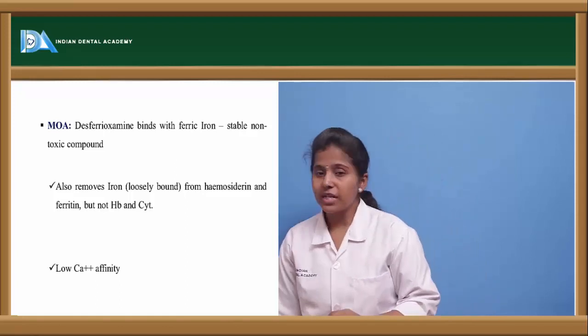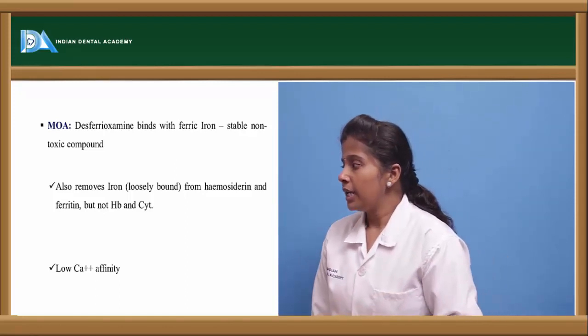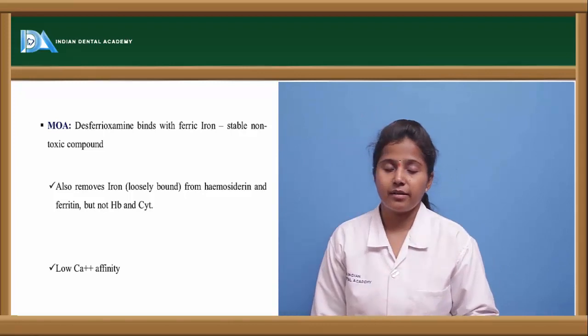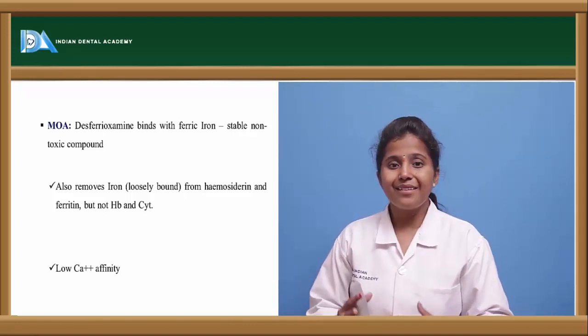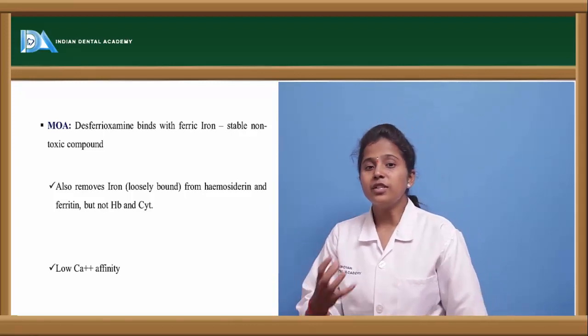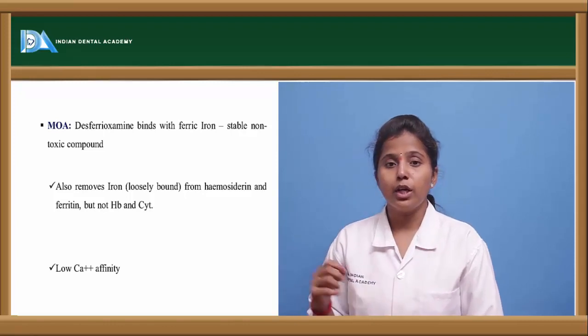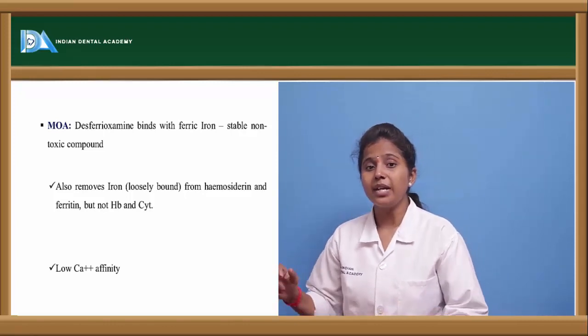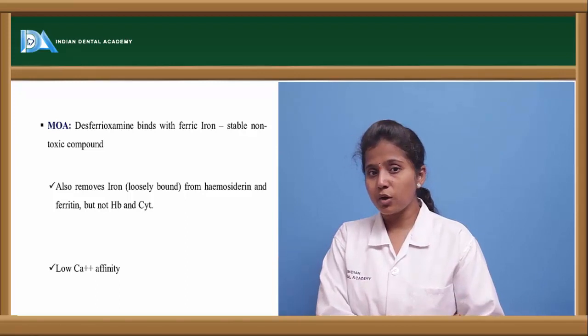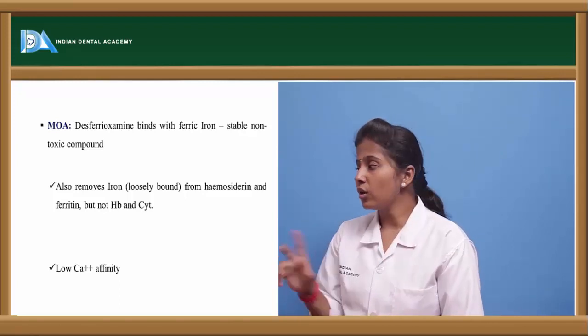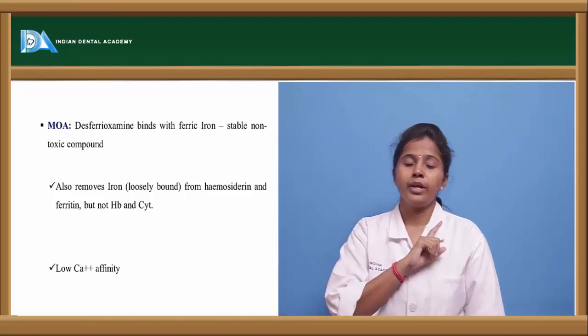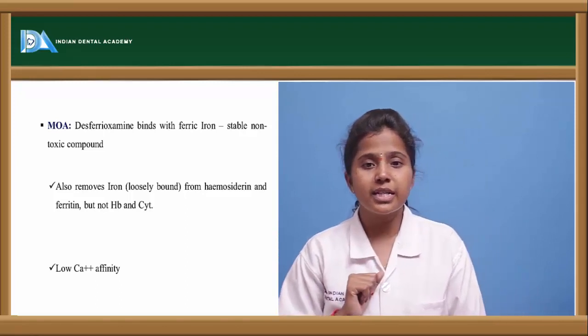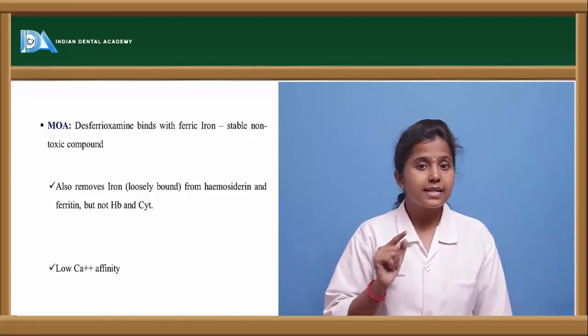It also removes iron from hemosiderin as well as ferritin. These are the compounds in which iron is stored in the body. DESFERRIOXAMINE removes the iron from these compounds, but it does not remove iron from hemoglobin. Hemoglobin also contains iron as a major component.